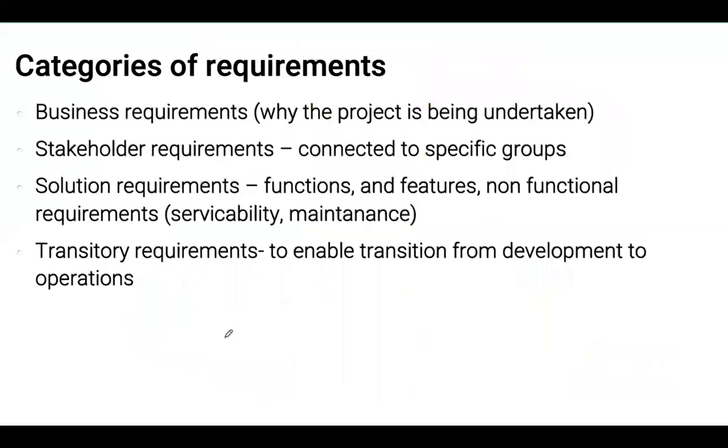So, types of requirements. Business requirements are the needs and reasons why the project is being undertaken. We have stakeholder requirements connected to specific groups, like the need of truck drivers for the port tunnel to be sufficiently high for the trucks to enter.